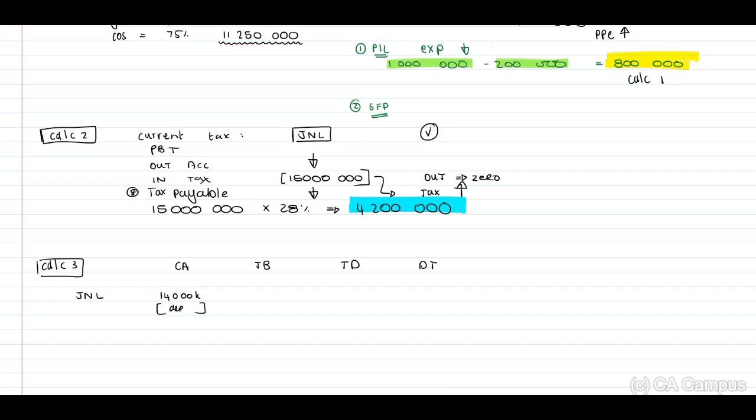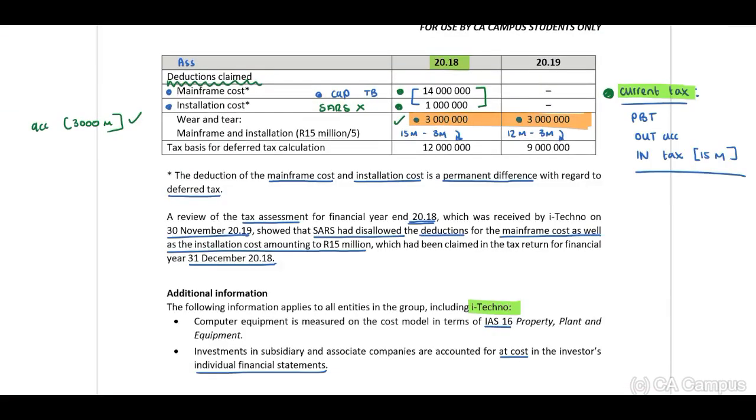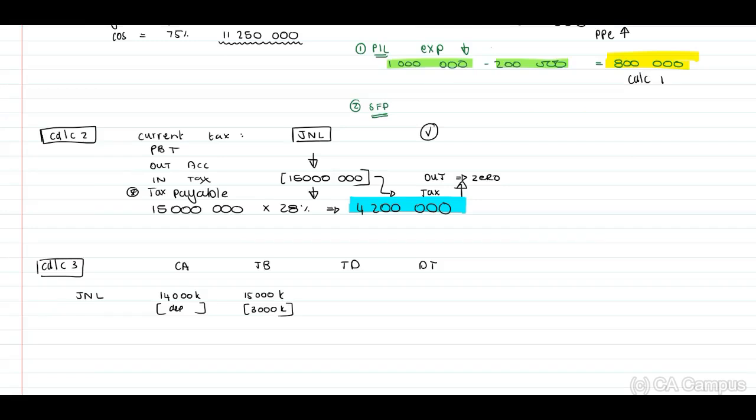And for tax purposes, they have recognized the 15 million and they've recognized 3 million wear and tear. Remember when we refer to the scenario, the orange, the 3 million, right? But the correct method was to include the 15 million, recognize the 3 million in terms of the depreciation, therefore there will be 0 effect.